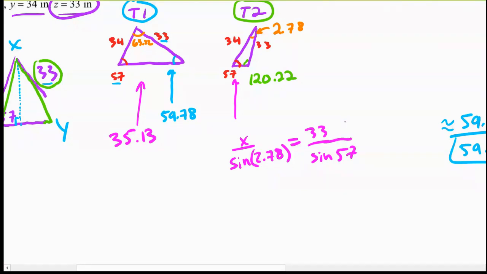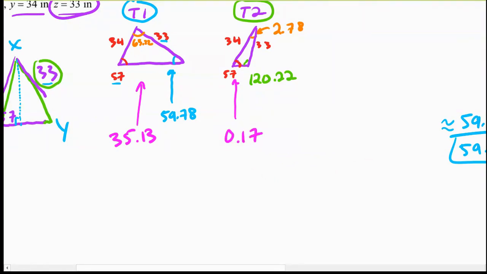So I multiply both sides by sine 2.78. 33 times sine of 2.78 divided by sine of 57. And I get my side length of, again, I knew it was going to be small, 0.17 for my last side length.